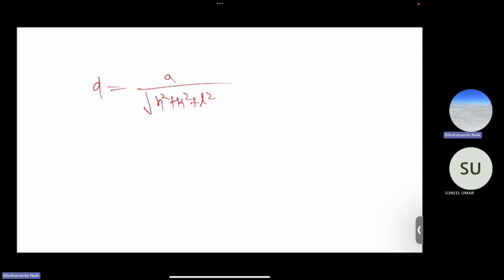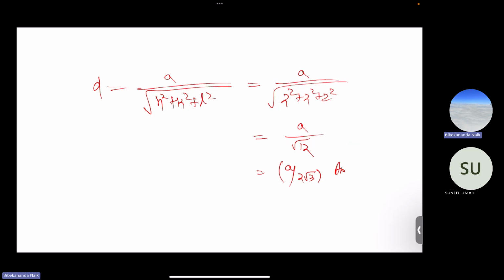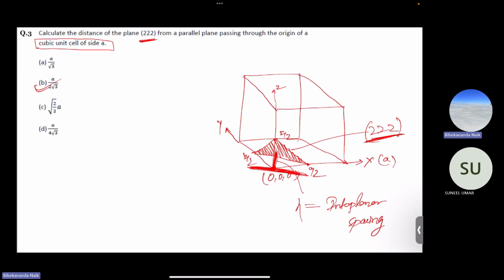So if you put the values, it will be a over the square root of 2 square plus 2 square plus 2 square, which is a by root 12, that is a by 2 root 3. This is the correct answer. The option is option B.